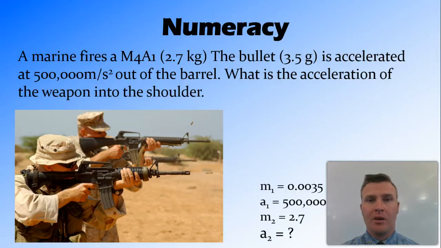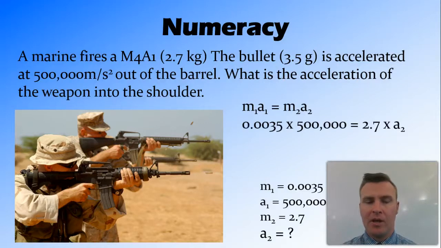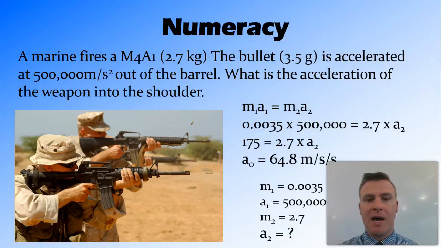Once we've worked out our known values, we can use the formula M1A1 equals M2A2, and substituting those numbers in, we see that 0.0035 times 500,000 equals 2.7 times the acceleration of the weapon, and a little bit of maths, and we can find that the acceleration there is 64.8 meters per second into the Marine's shoulder.